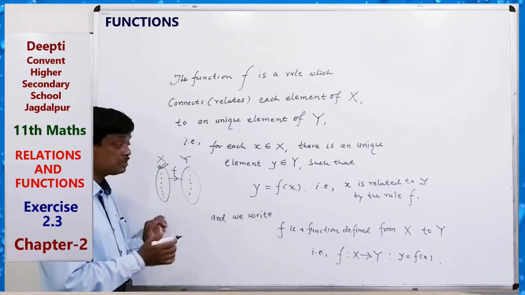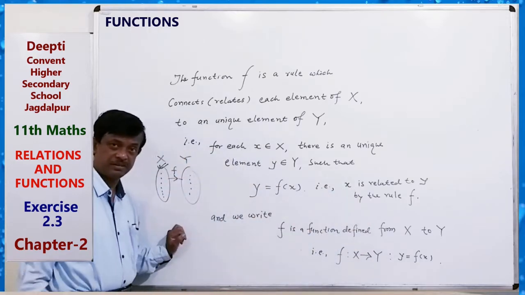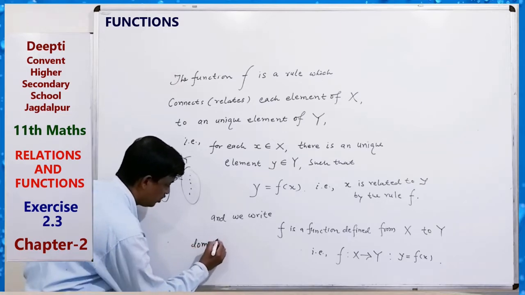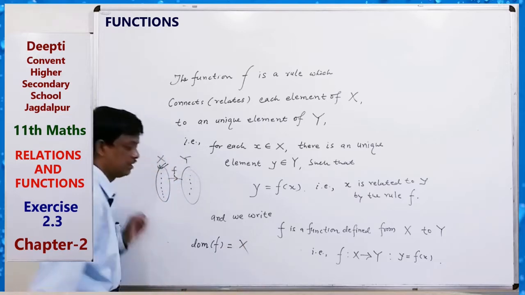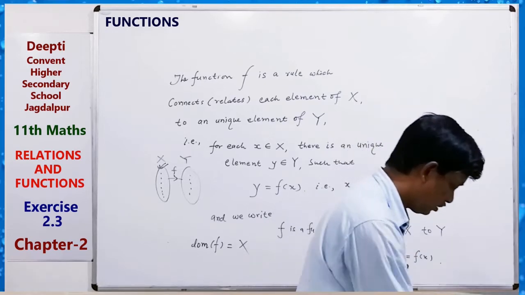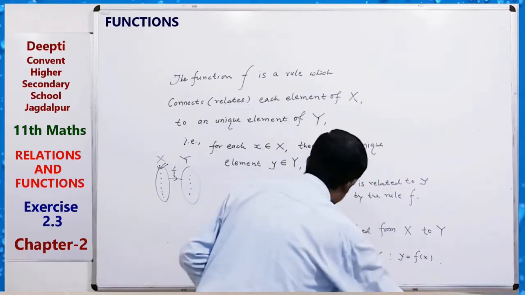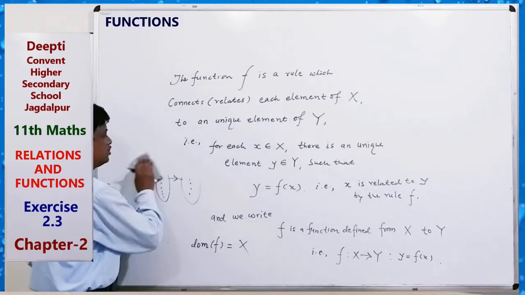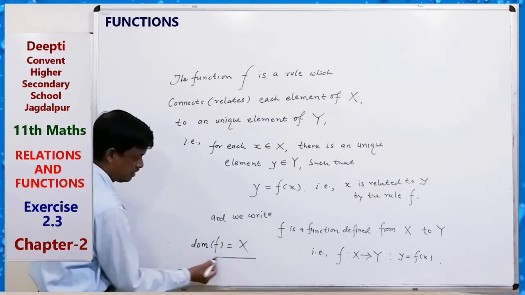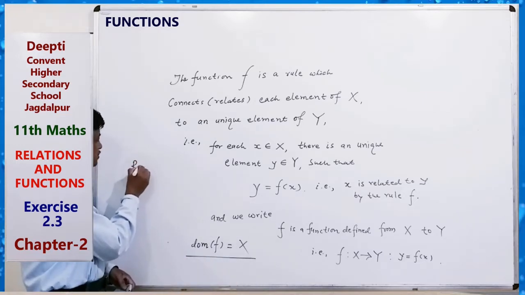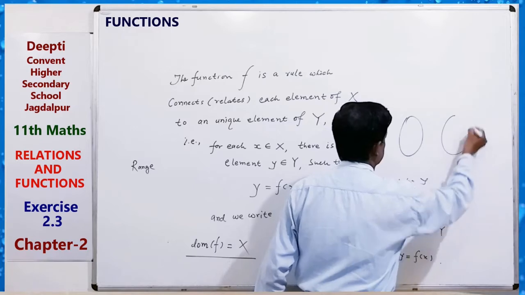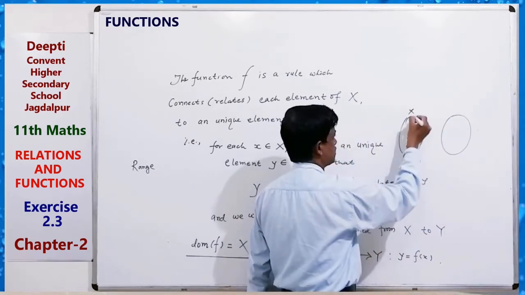The domain of the function is the first complete set, and we write domain of f is equal to X. Clear? So finding the domain of the function is important. Domain and range. Domain means the complete set X, and range means, suppose we have a set like this, all the elements x domain.